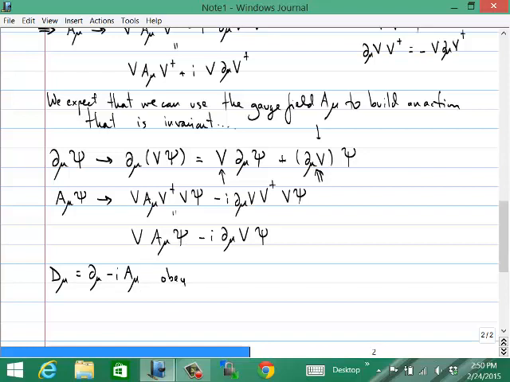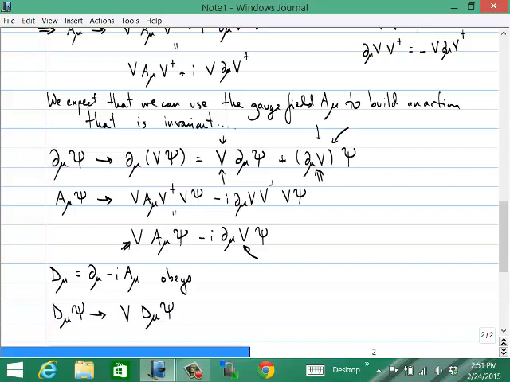And I've chosen that factor of minus i so that under a gauge transformation, you get the first term, which is V times d mu psi, just because you have this term here and that term there. And then I've chosen that minus i so that this term here cancels with that term there. So hopefully that minus i was chosen correctly.